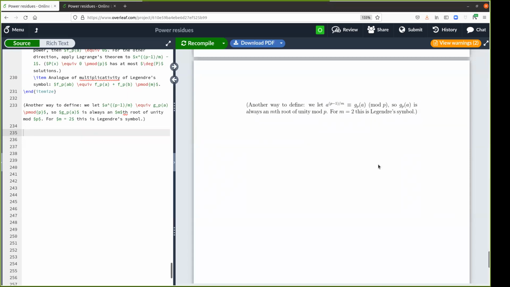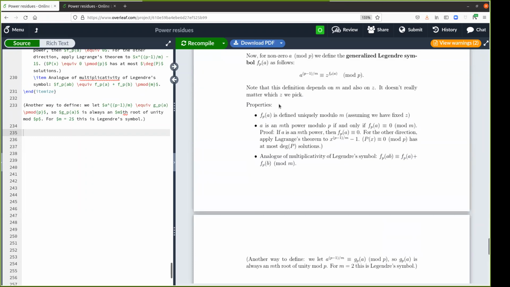So this would really be the analogy of the Legendre symbol. But I find the f_p function a bit more convenient, but that's really just a matter of taste. Okay, and I think I'm now ready to state the main result.